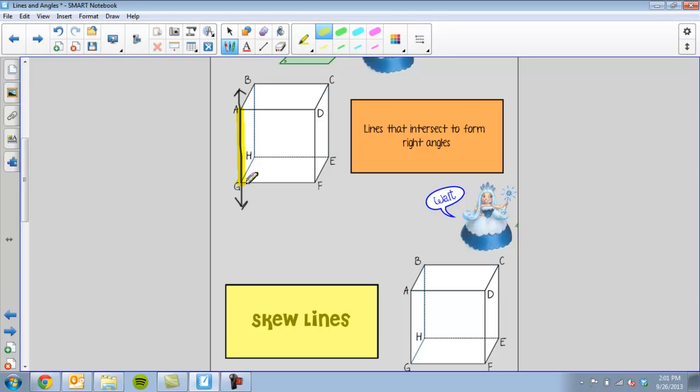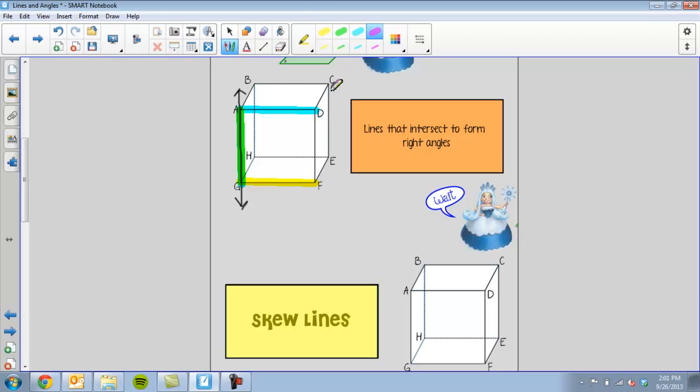Did you say GF? Because I do believe that makes a right angle. Or you could have said that AG is perpendicular to AD, excuse me.